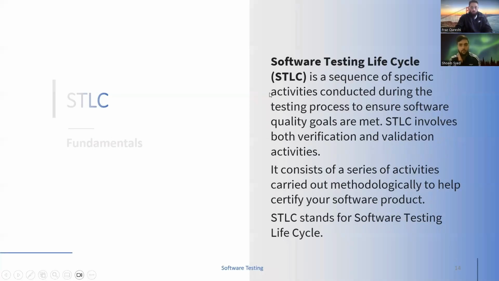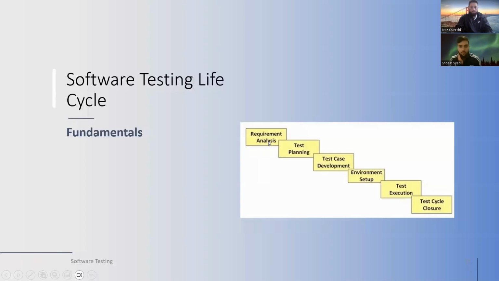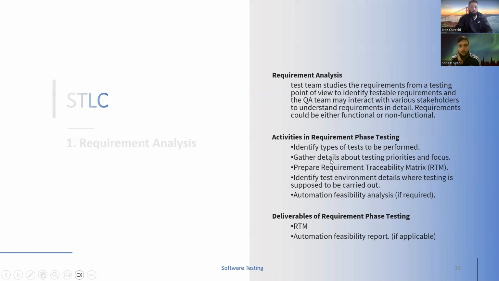So I want you to go over all these slides. If you look at it, these are the phases: requirement analysis phase, then testing phase, then test case development phase. These are all different phases, and at the end of every phase there is something being delivered.